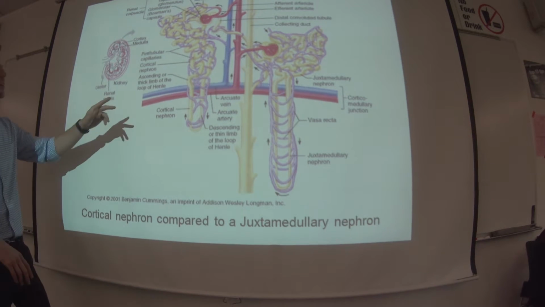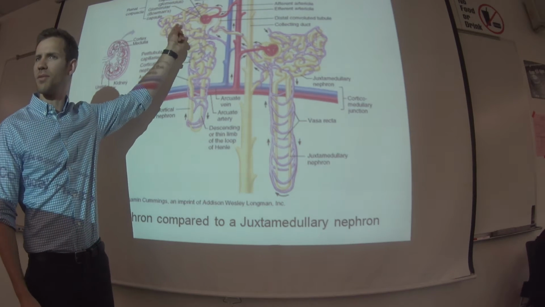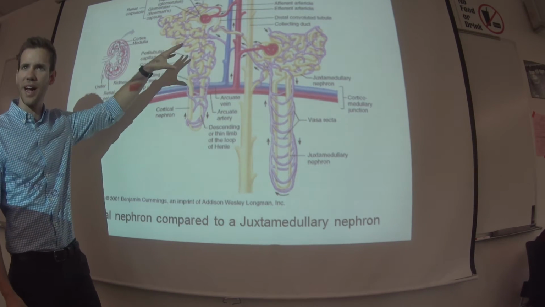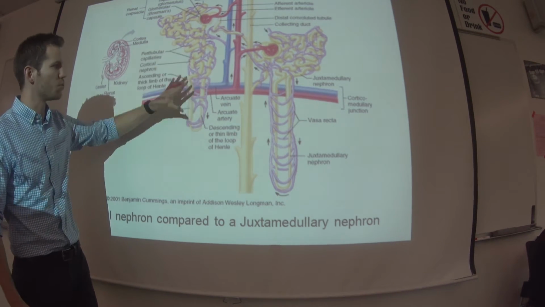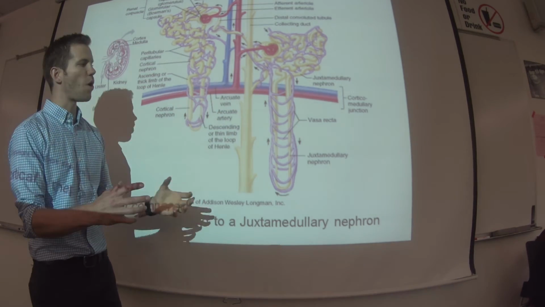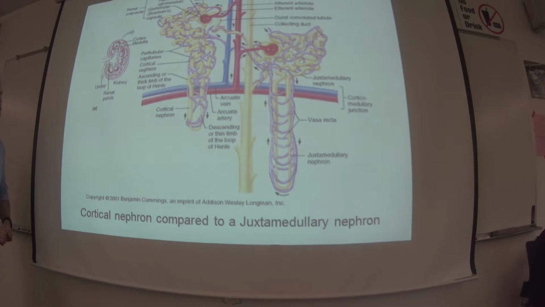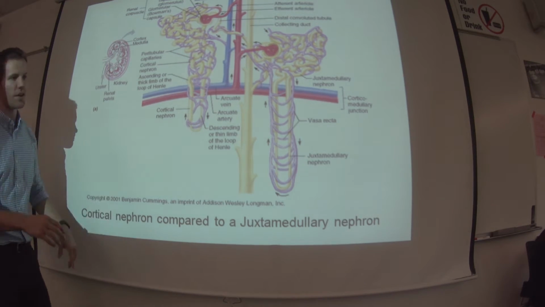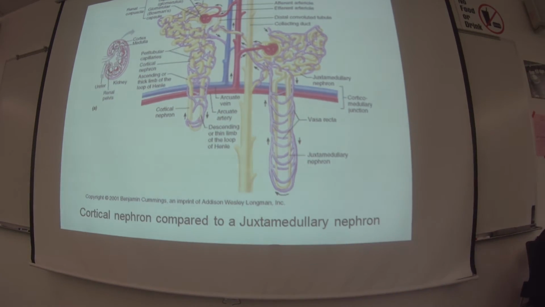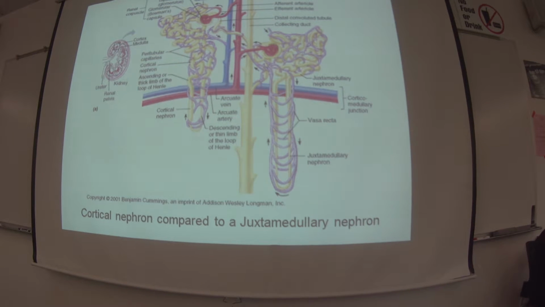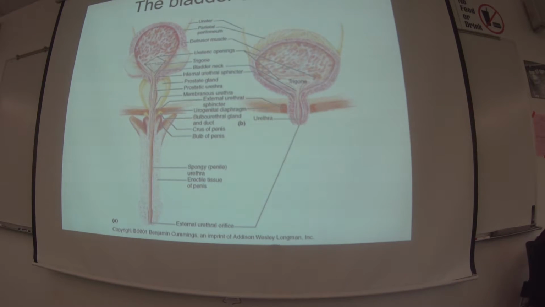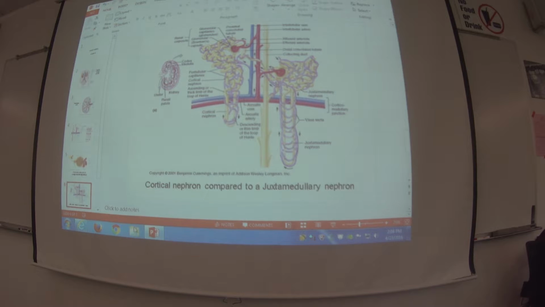Because for me to point out where the proximal and distal convoluted tubes are is kind of hard when you're looking at it in reality. But realize this is really what we're dealing with: a bunch of wadded up tubes with all sorts of blood flow around them. We're going to break it down into a more easy to digest structure. I encourage you to get your own drawing together for looking at the nephron.